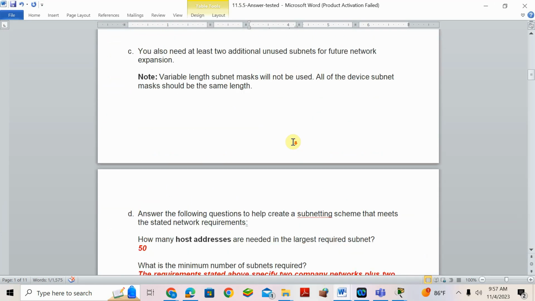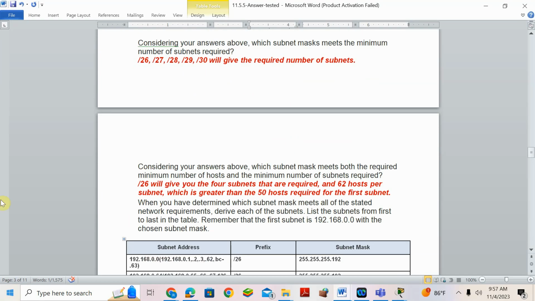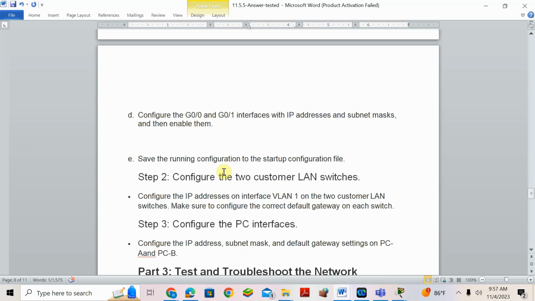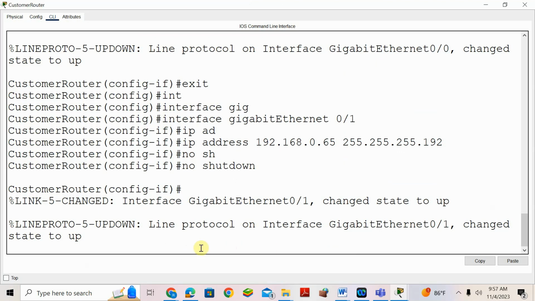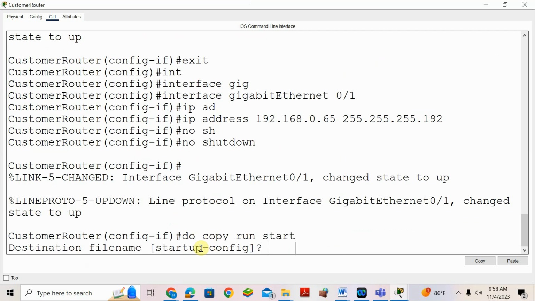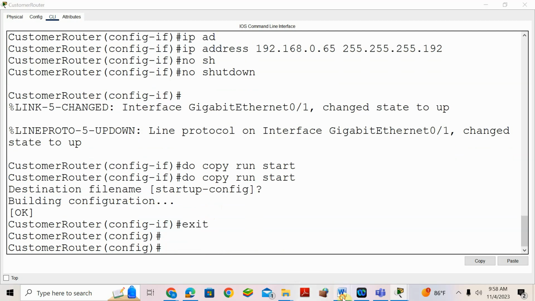Now what I have is save the running configuration to startup configuration. So I will save this. Do copy run start, or you can go back to hash mode and type copy run start, or you can type do wr or wr. Okay, now exit.